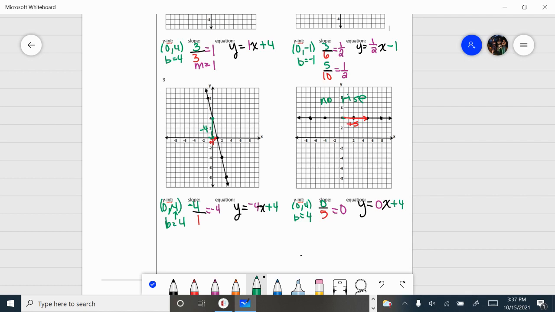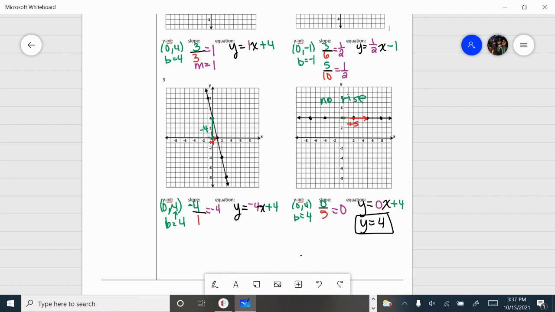I put it here for demonstration purposes, but 0 times anything is just 0, so I don't even have to write this down. This should actually simplify to y equals 4. So your horizontal lines are just going to be y equals whatever your y-intercept is.